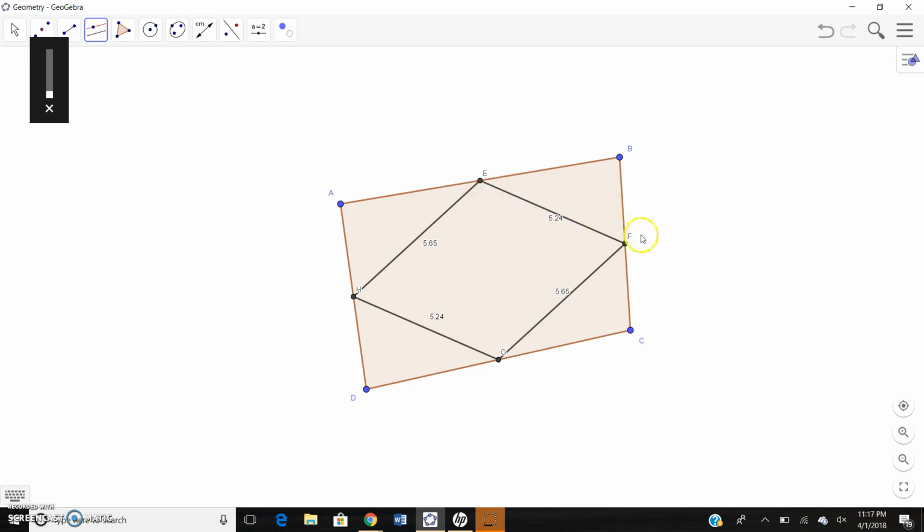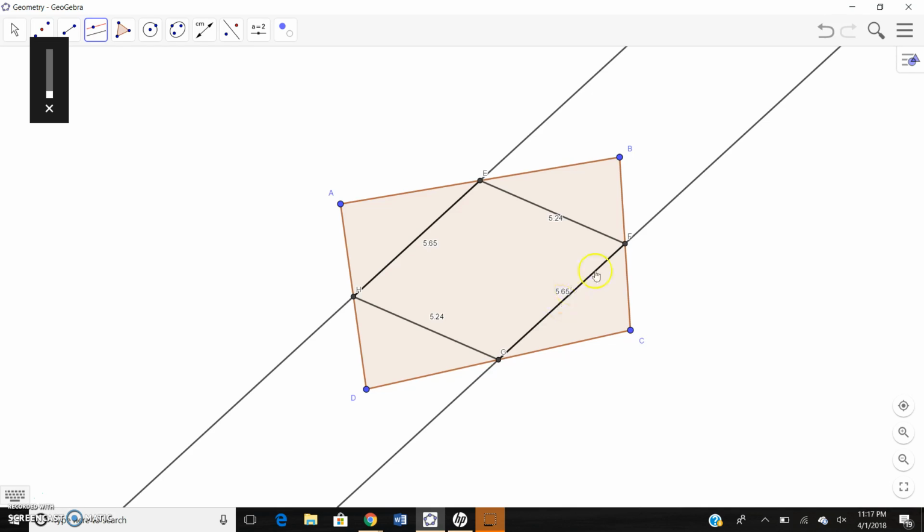So if I want to construct a parallel line going through F that is going to be parallel to EH, I would select F because I want it to go through that point and parallel to this line. And let's do the same thing. So I want a parallel line going through E that is going to be parallel to this segment here, FG.